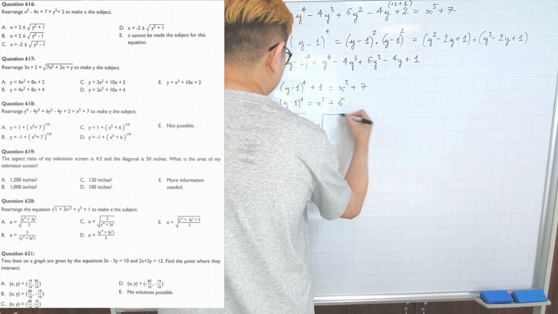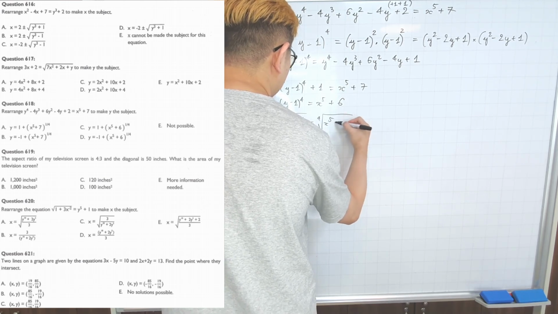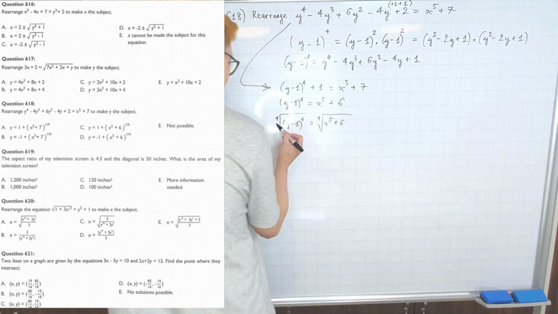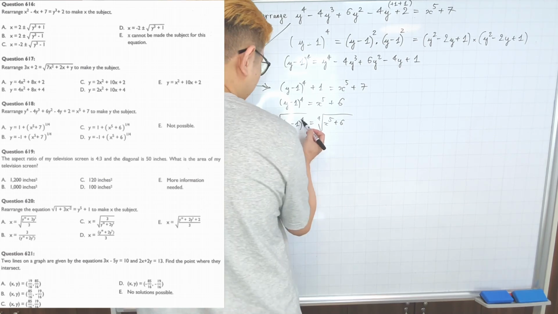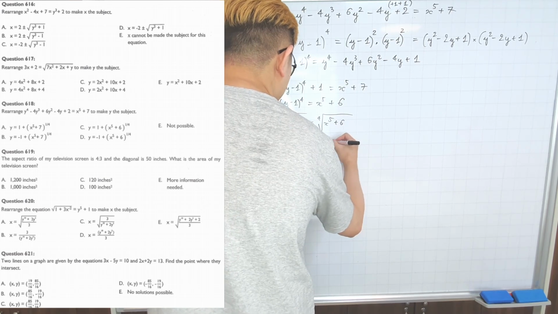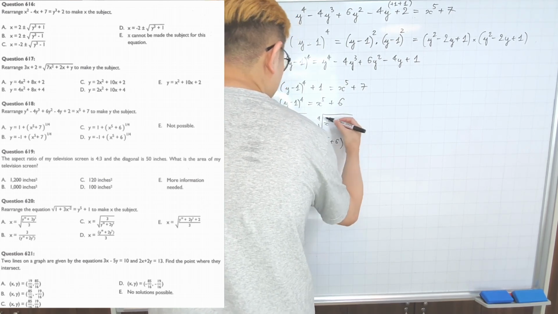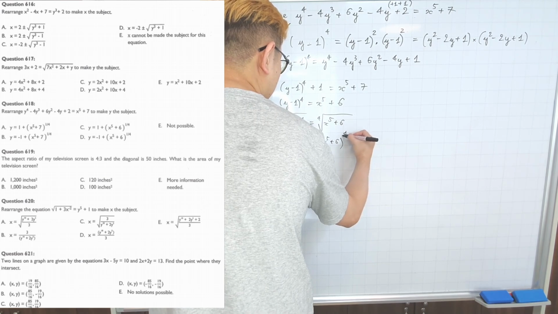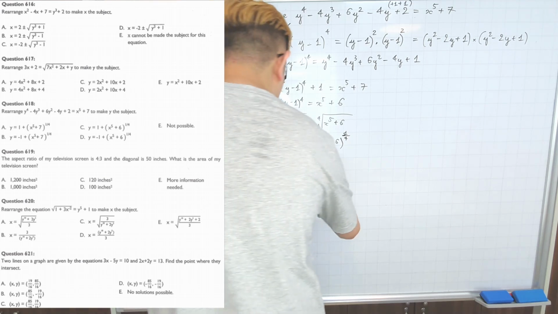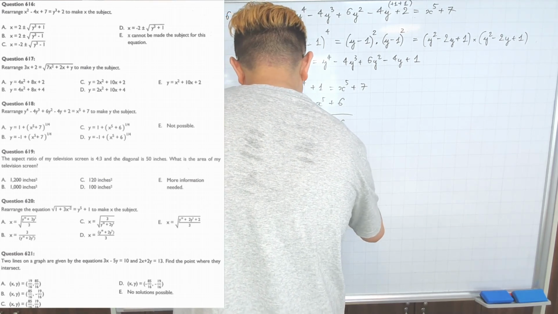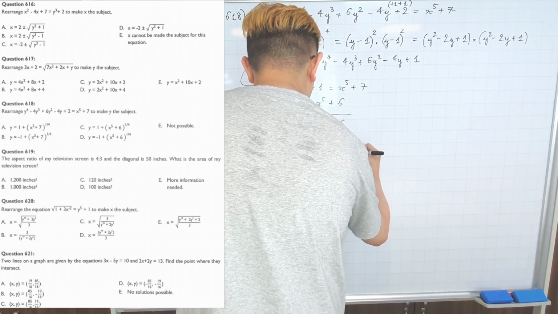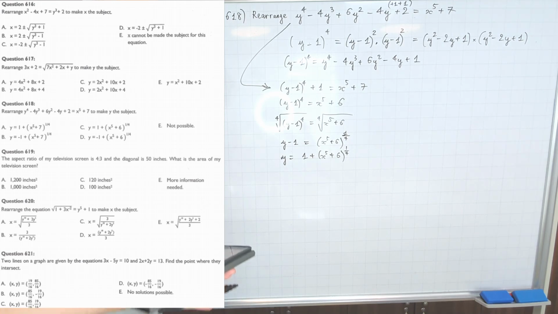You should have y minus 1, and the root of 4 is going to be the power of 1 over 4, right? Isn't it? And rearrange this one, you're going to have y equal to 1 plus x5 plus 6, to the power 1 over 4. What answer is that? Answer C.